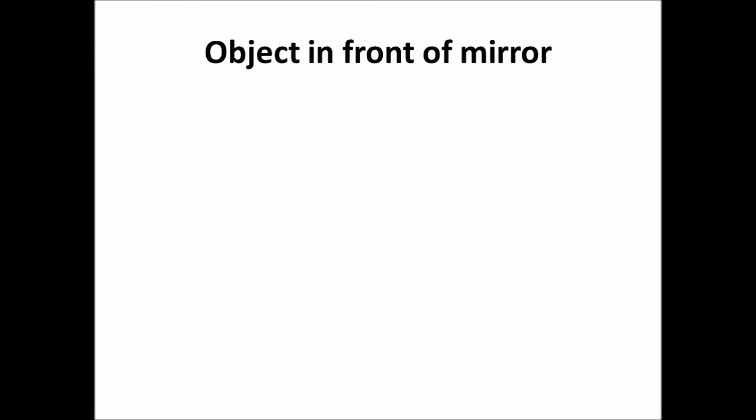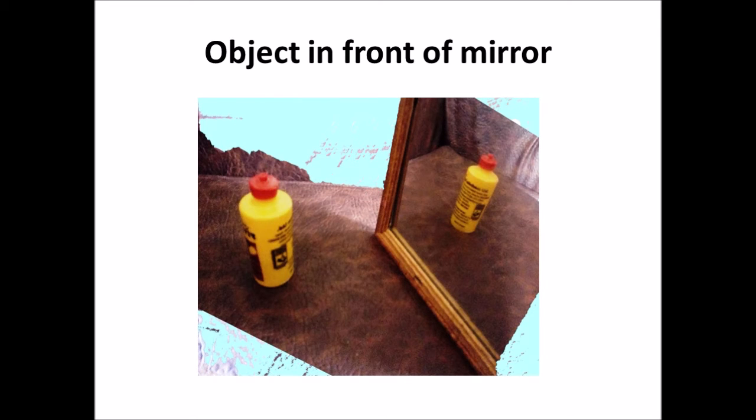Now consider the following picture. Here we have an object that is put in front of a plane mirror, and that enables us to see the image of that object.